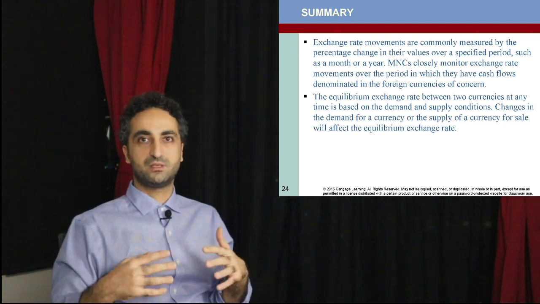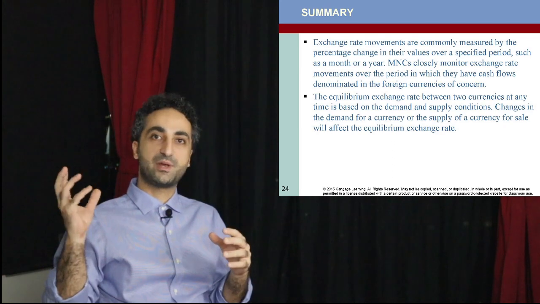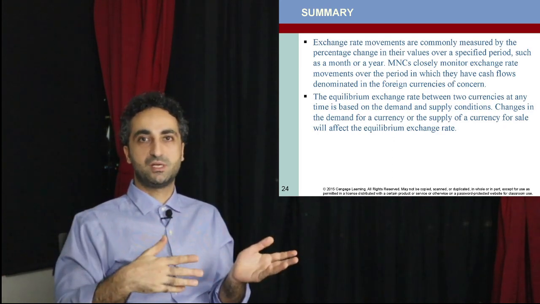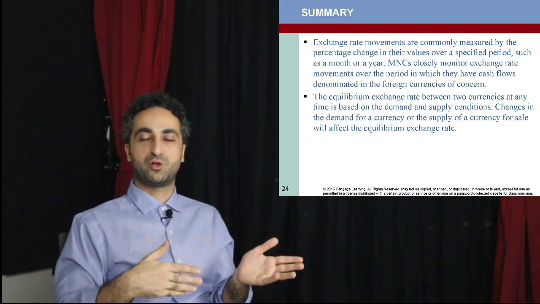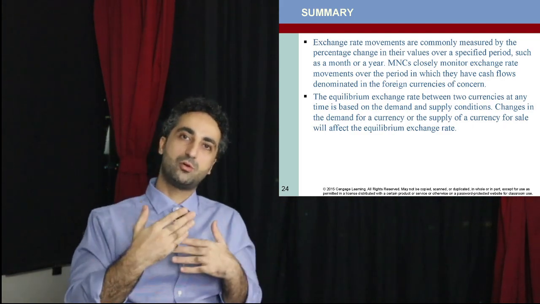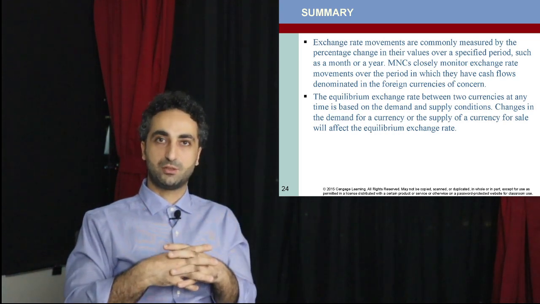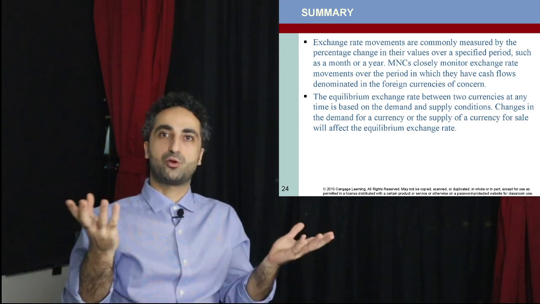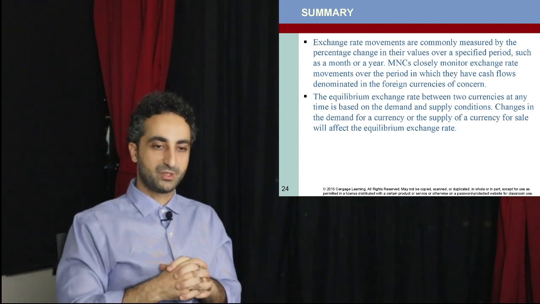Prices are affected, everything, profits. And don't forget that they have a parent company. McDonald's is from the US, so at the end of the day, you need to report profits in the US. So you need to know about the changes in the relationship between your currency and where you're operating, in Malaysia, Indonesia, all over the world.